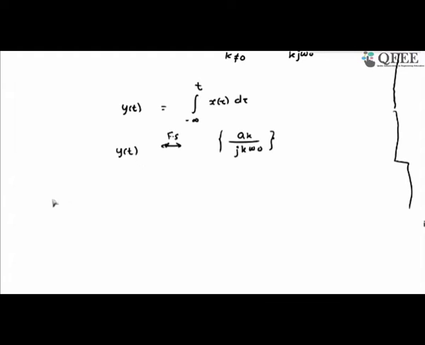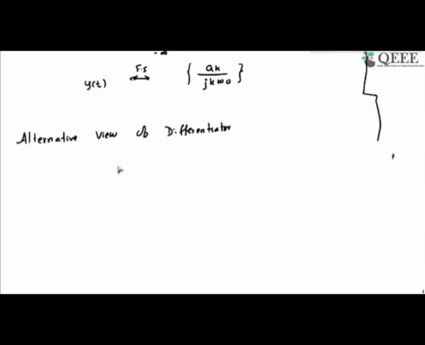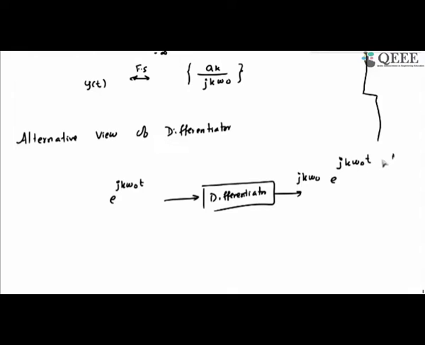So now, an alternative view of integration and differentiation. An alternative view of the differentiator: if I give a signal e to the power j k omega naught t as the input to the differentiator, what I will have is j k omega naught multiplied with e to the power j k omega naught t.